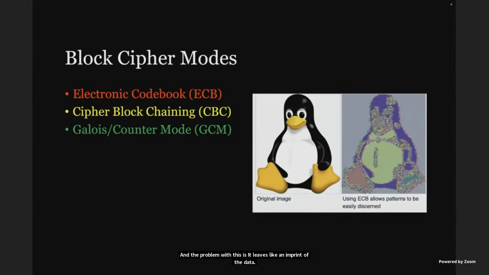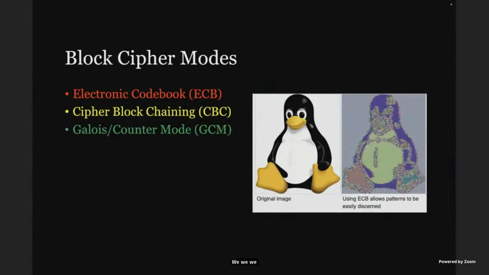If you look at that image on the screen, the Linux penguin, Tux, even though it was encrypted with AES with a strong key, you can still see the imprint of its data because we shuffle the data in a similar way all over the place.